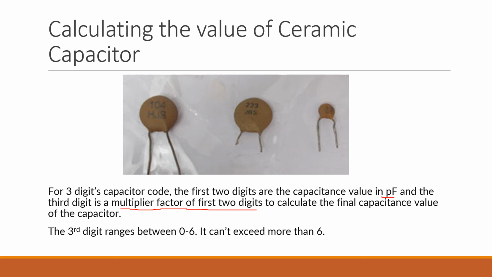One thing that you should know here is that the third digit must range between 0 to 6. It can't exceed 6. So this is very simple, and this is how we can easily calculate the ceramic capacitor value, because its value is not directly written on it. This is the procedure from which we can calculate its value.